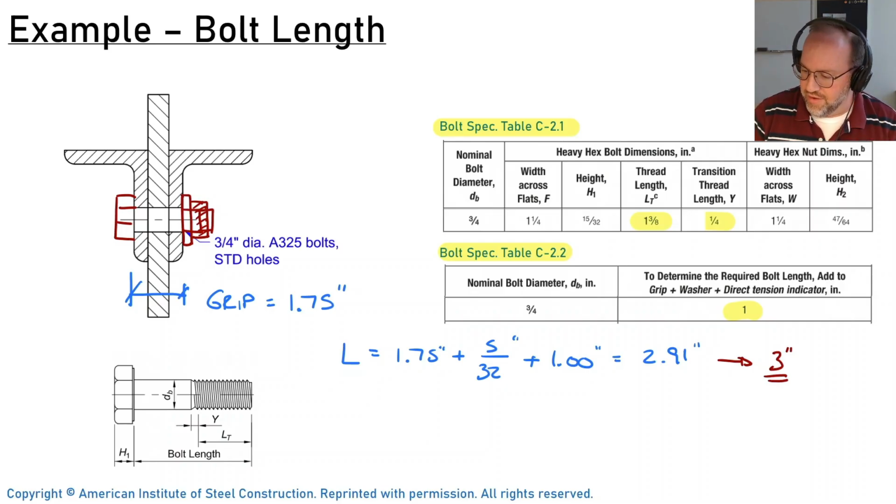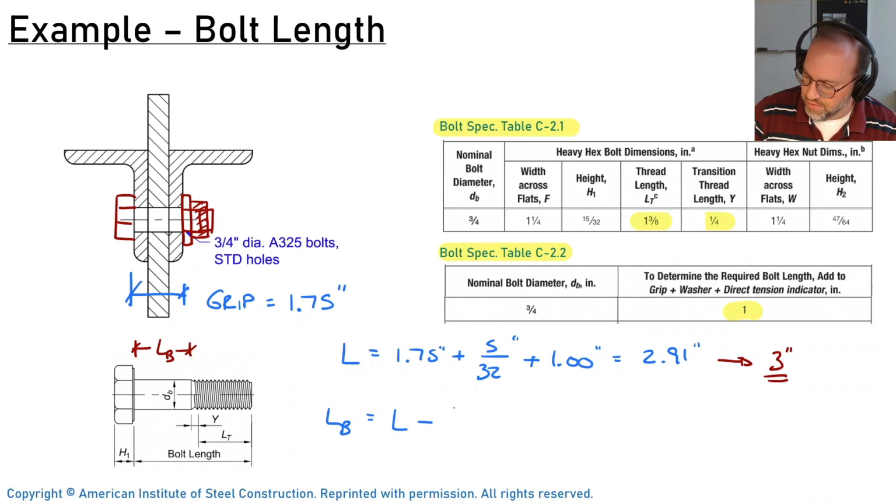Now what we need is the distance of our shank, and that's called LB or L body right here. So if we want to find out LB, that is going to be L, which is in this case 3 inches, minus our thread length, which is 1 3/8, and then our transition length, which is another 1/4 inch.